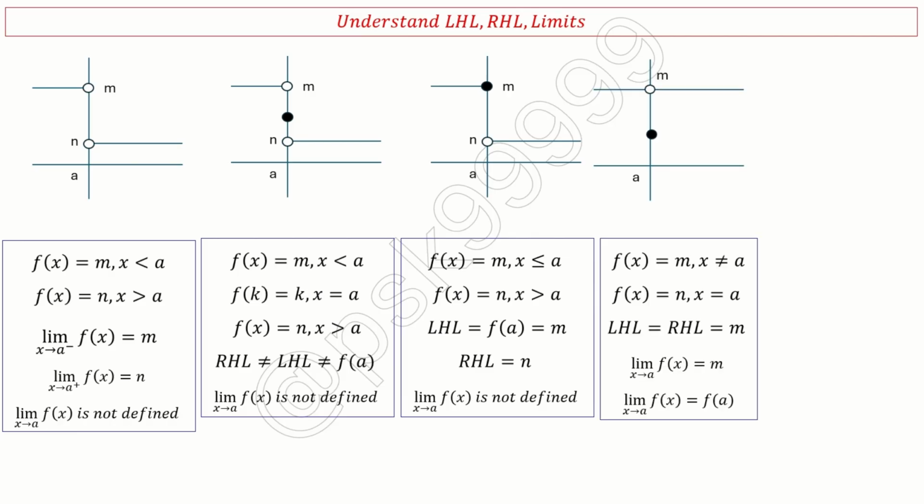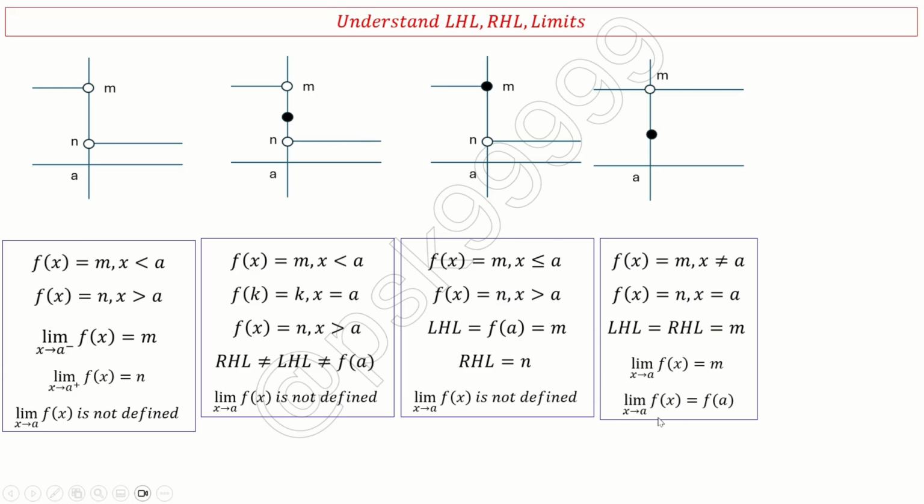Next. Now f of x equal to m for x not equal to a, and f of x equal to n for x equal to a. Now in this case, LHL and RHL are both m. That means LHL equal to RHL, which is m, which means limit exists. I will say the limit as x approaches a of f of x equal to m.